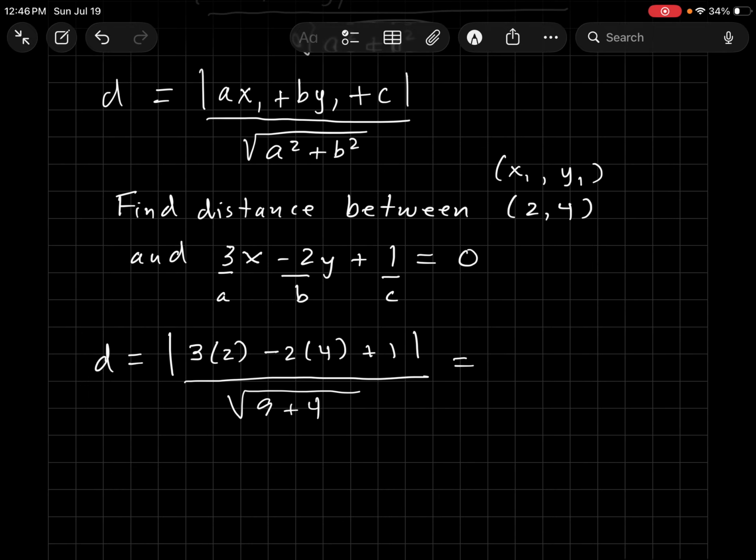And if we simplify this out, we get 6 minus 8 plus 1 over the square root of 13, which equals negative 1, but absolute value. So 1 over the square root of 13.